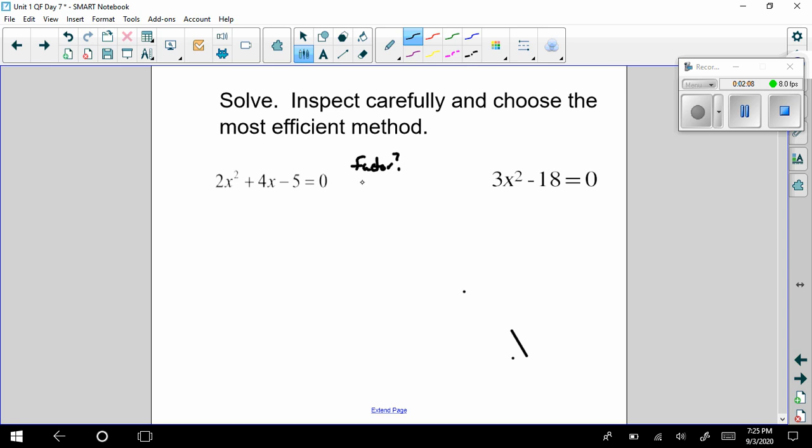So I need two numbers to multiply to negative 10 and add to positive 4, and there is none. So the second resort would be to apply completing the square. Most students don't choose to do that, but you could do that one on this problem. So we're going to apply the quadratic formula.